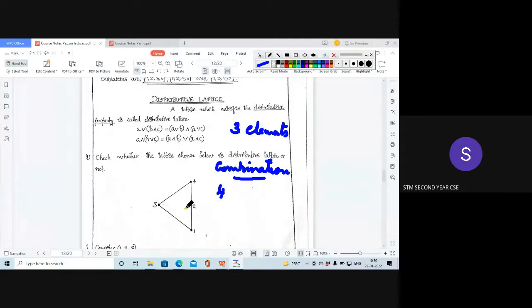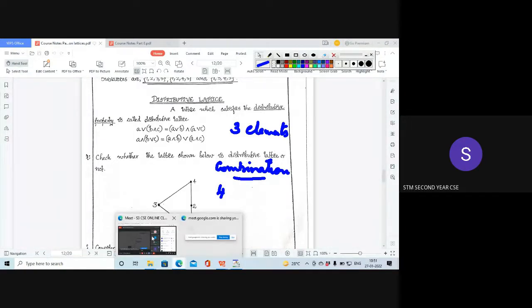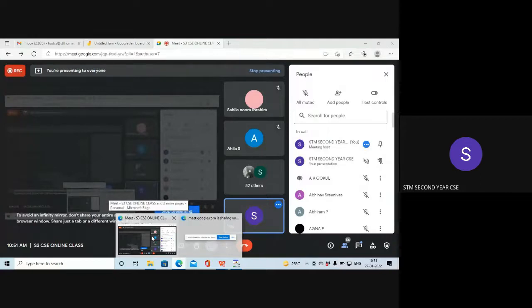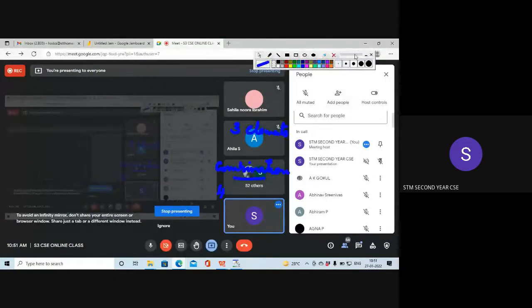Can anyone say? We had studied permutation and combination. There are four elements in the lattice, and I'm to take three elements at a time. So, what are the different possible combinations? How many different possible combinations will I get?